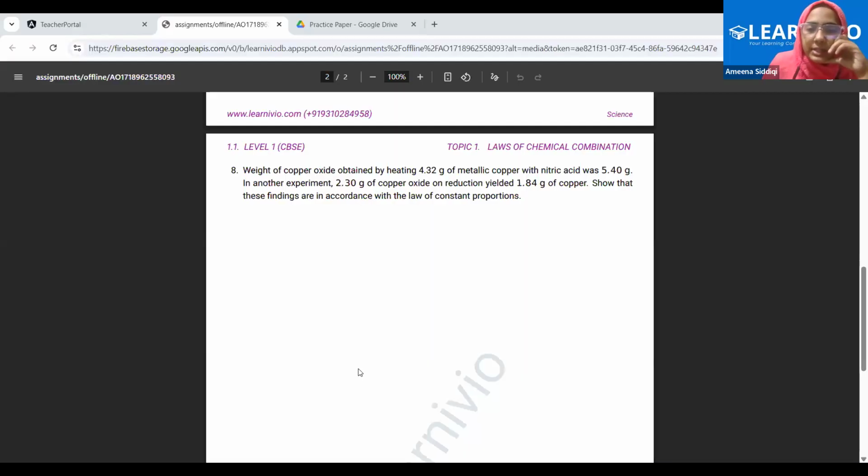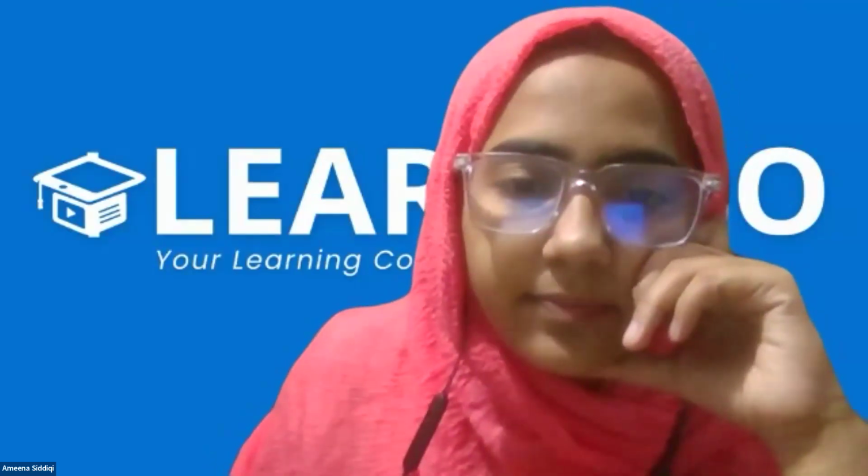Now the next part. What is the question? How much copper oxide is there? 2.30. And what amount of copper do we have? 1.84. See, so we have copper oxide.